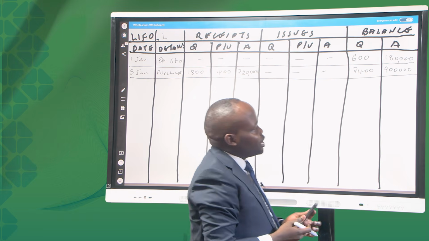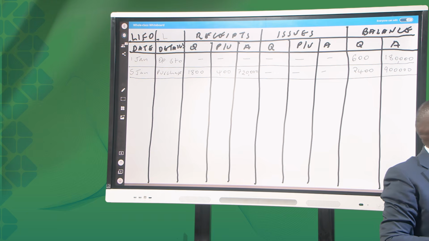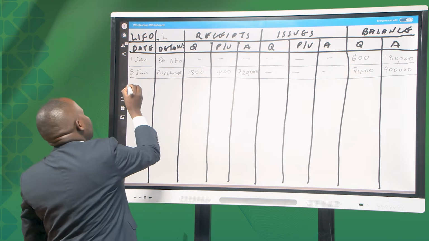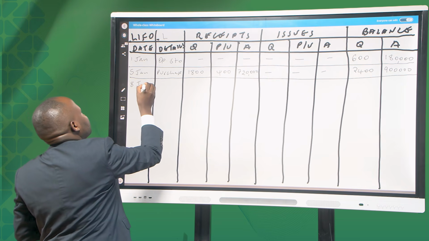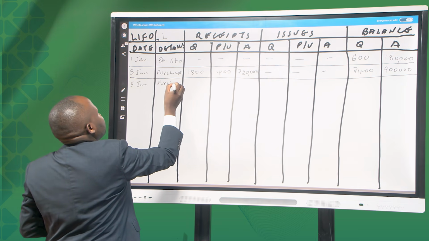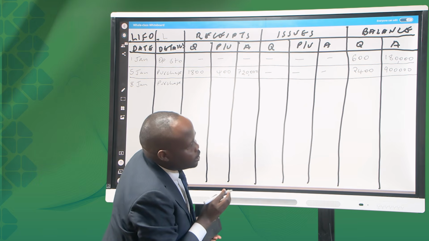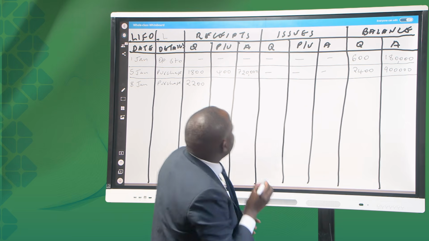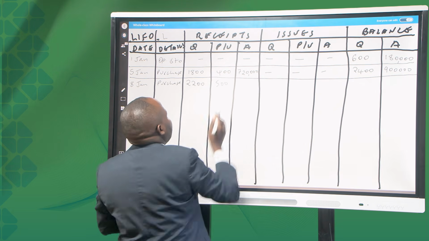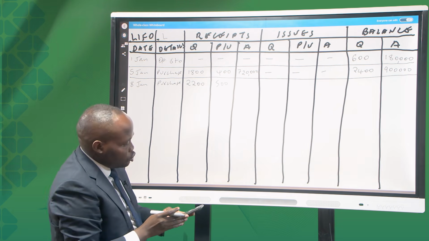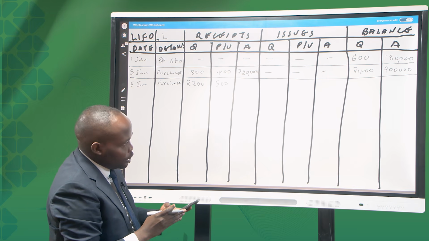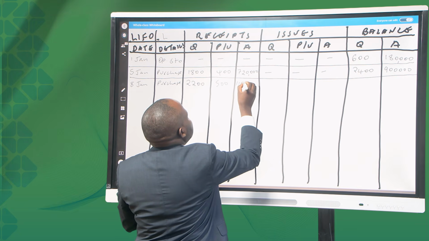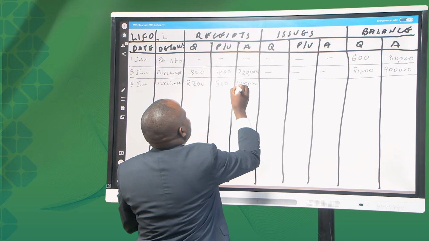The next date is 8th of January. We purchased 2,200 at a price of 500. 2,200 times 500 gives you 1,100,000.